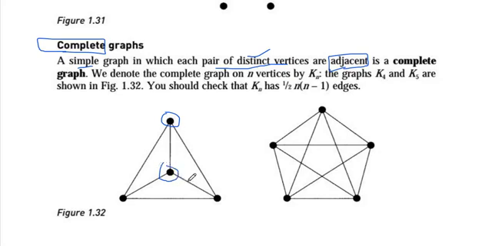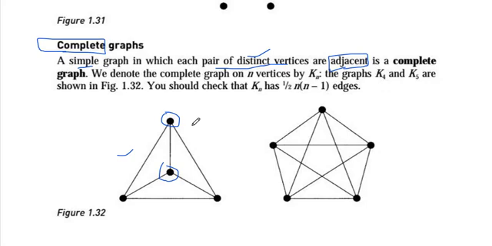In simple words, a complete graph means each vertex is connected with its adjacent vertices, and there is no possibility that you can draw a new edge joining them.